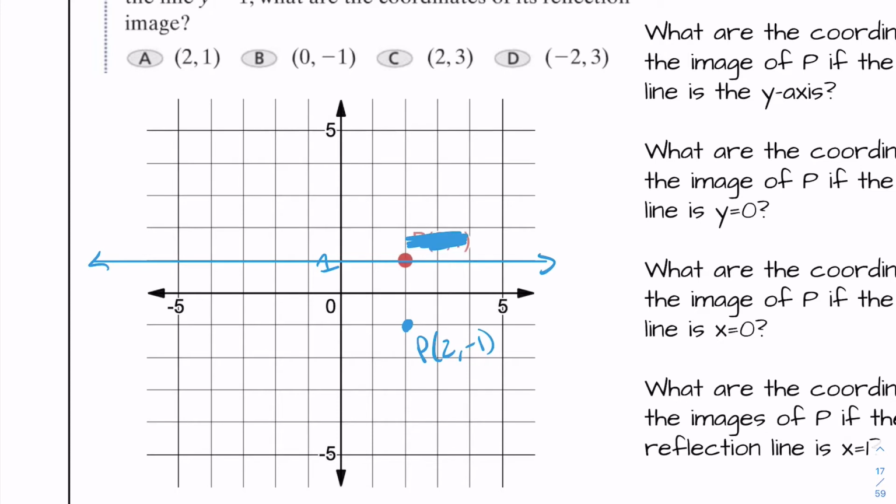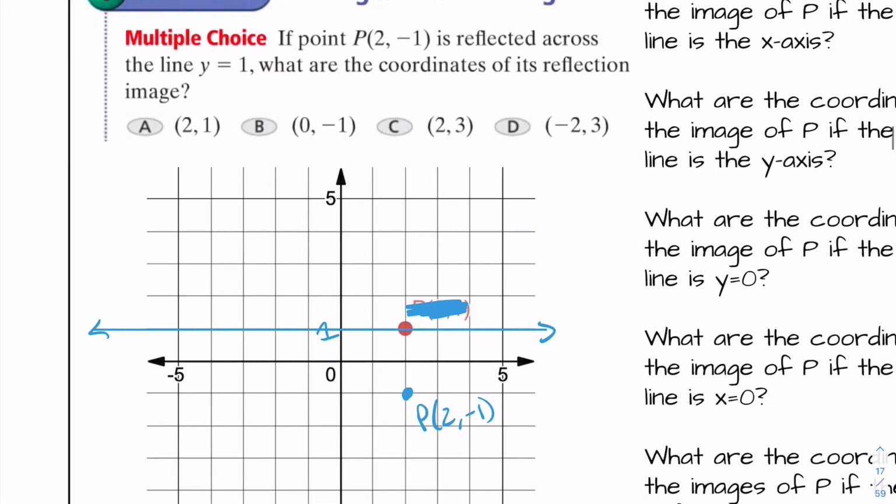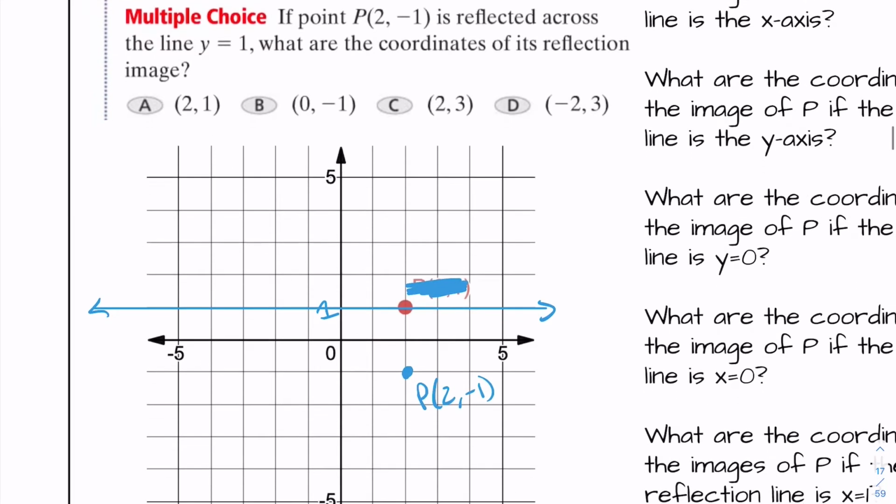So let's reflect this across the line y equals 1. So here we go. Ready? Watch this. 1, 2, 3, 4. So when you reflect it to get P prime, you have to reflect it across. So we're going to count 1, 2, 1, 2.